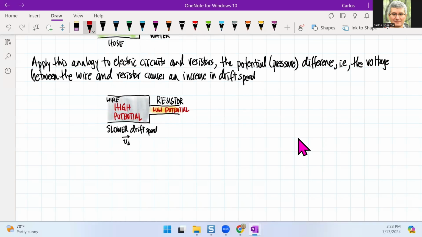And because it represents a low potential, we're going to see that the drift speed has increased. So in other words, we have a faster drift speed.